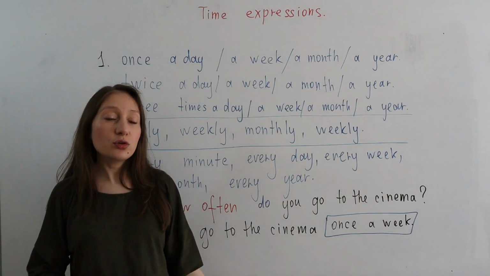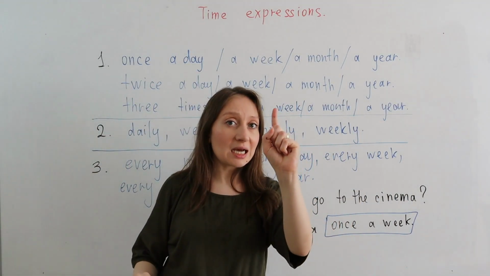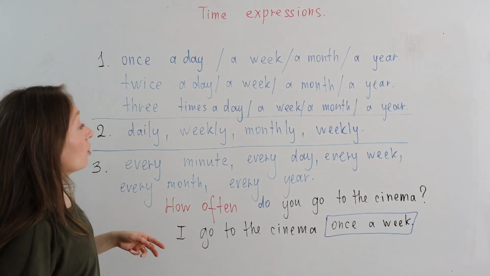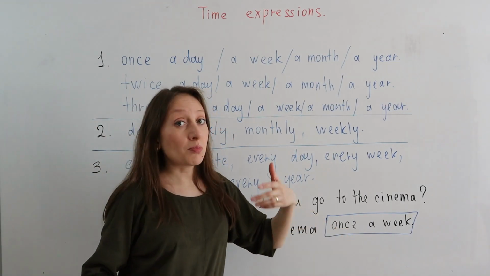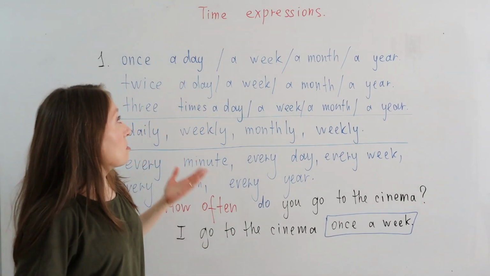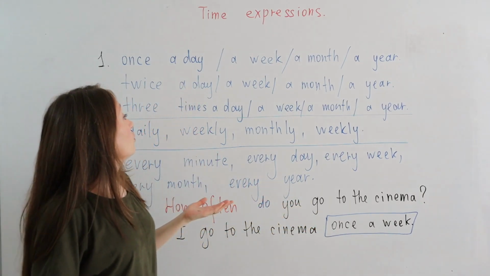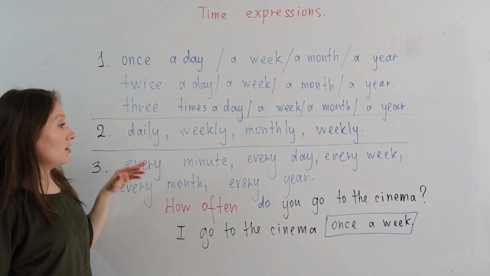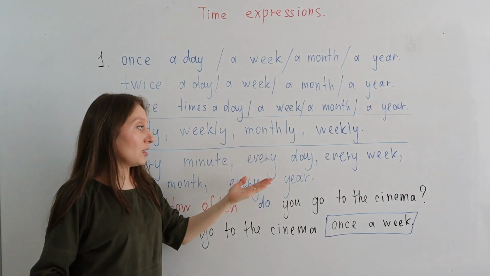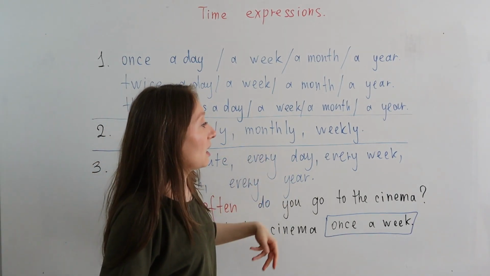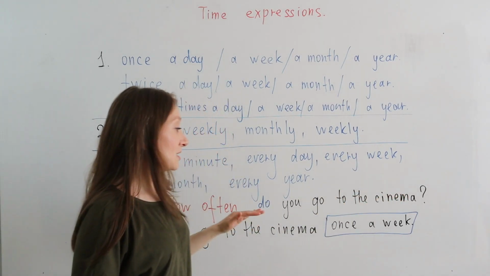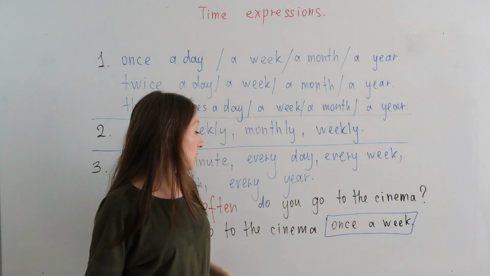It means that you go to the cinema one time a week. You can say, I go to the cinema 3 times a month. This is my regularity. This is my routine, right? I don't know, maybe some of you go to the cinema every day. Do you love cinema? So if you love it, you can say, I go to the cinema every day. I go to the cinema every week, every weekend, right? Depends how often you do it.